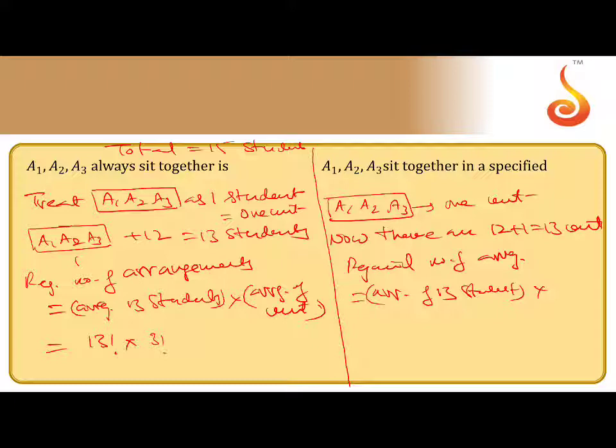The specified order is always one way only. So 13 factorial into 1 is the answer for the second case. Hope that is clear.